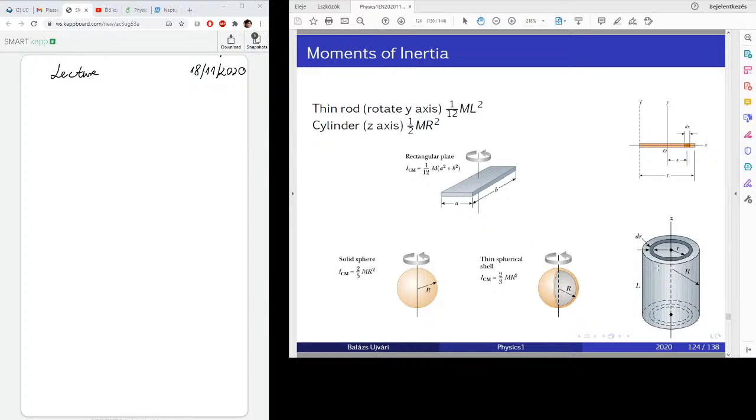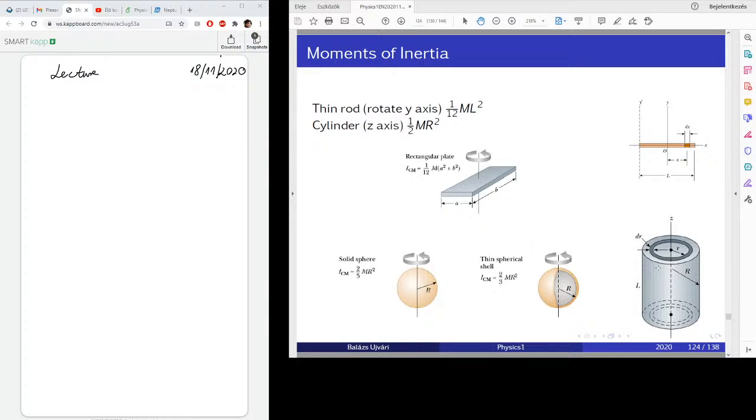How can we use it? If you want to calculate the kinetic energy of a cylinder, for example, you have a cylinder and rotate like this, and its mass is, let's say, 10 kilograms.